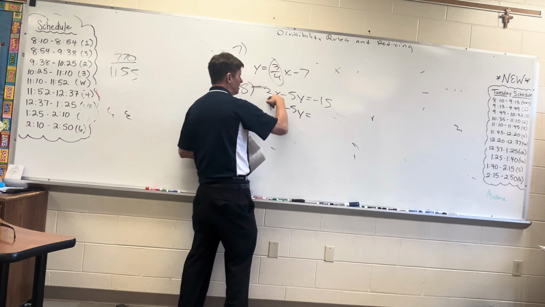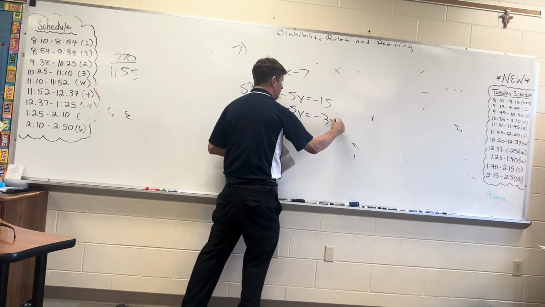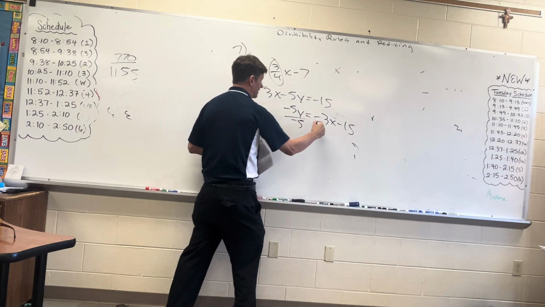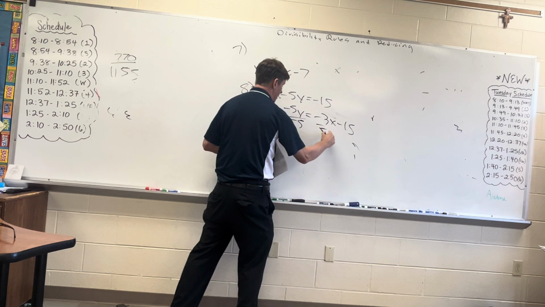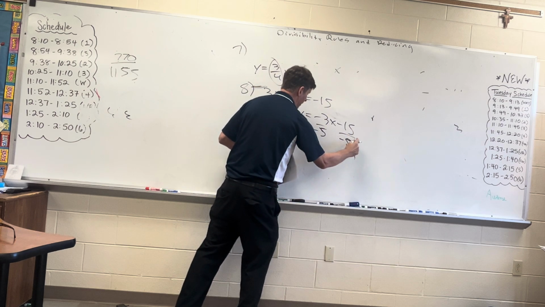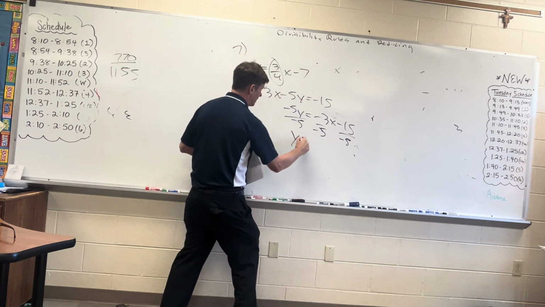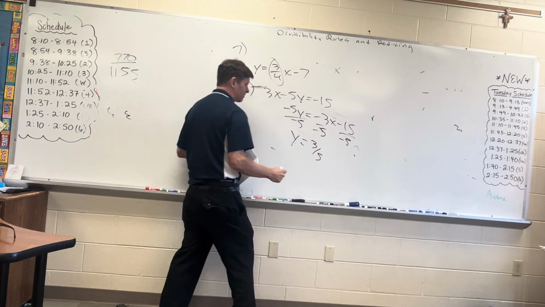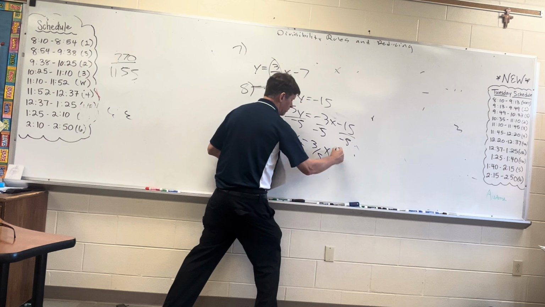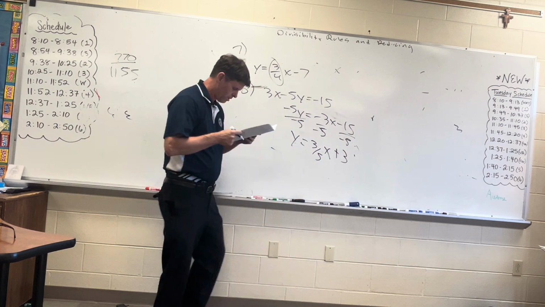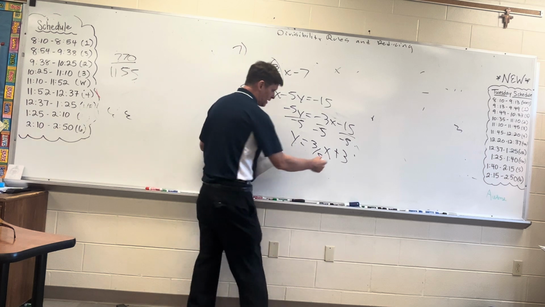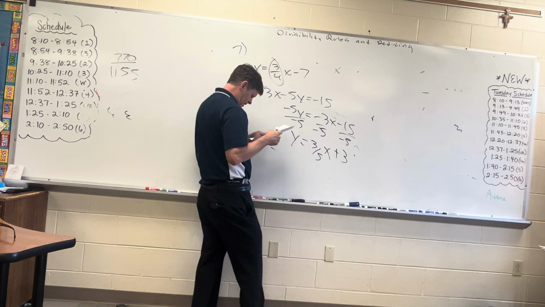So we get the y alone, fling the 3x over, divide everybody by negative 5. Sorry about that. Y equals negative 3 over negative 5, don't be silly, that's 3/5 x plus 3. So the y-intercept is 3, which was choice B there.